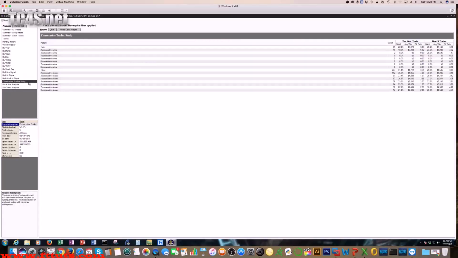Consecutive trade study. This is a study that I've made for myself in the past, but TradeNav does it automatically. They put a lot of time into the analysis part, not so much time into the actual optimization part. It's really interesting.